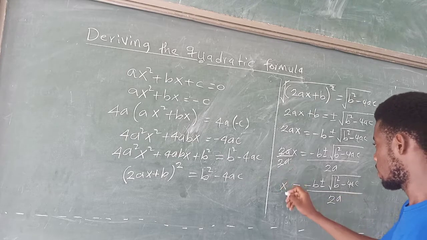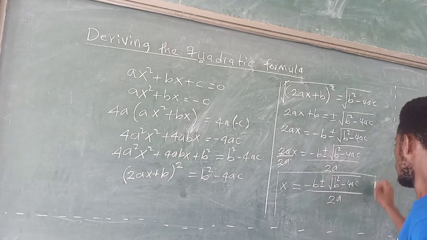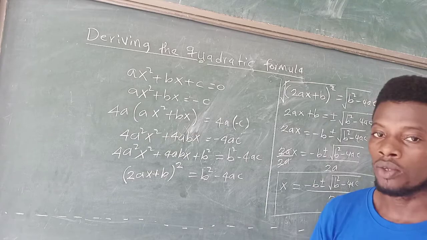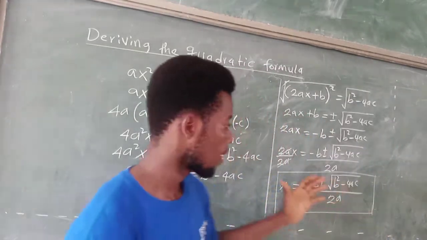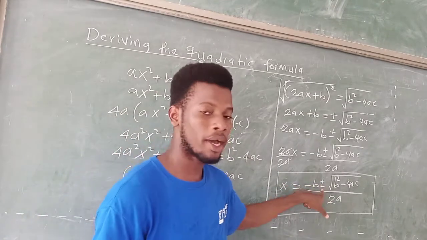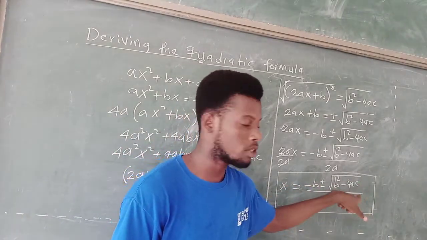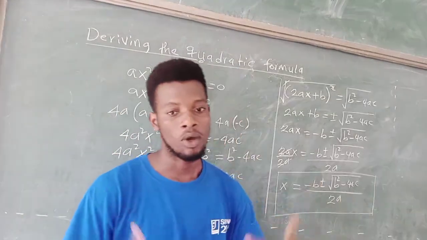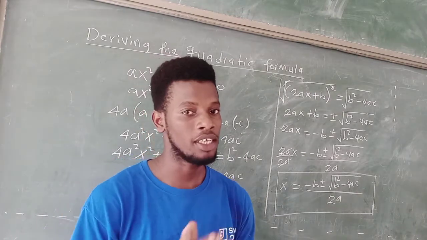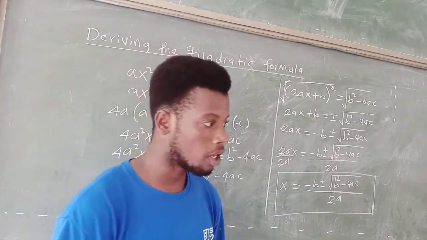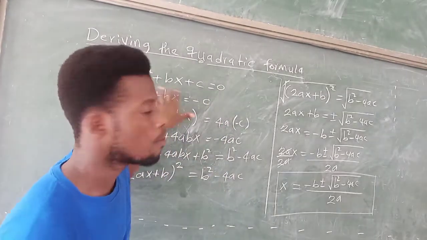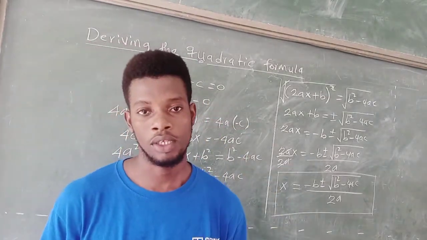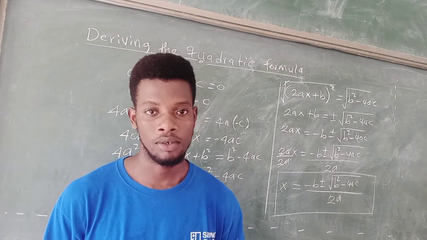And this, ladies and gentlemen, is what we call the quadratic equation formula. x is equal to minus b plus or minus the square root of b squared minus 4ac all divided by 2a. That is the quadratic equation formula, and it is derived from the general form of any quadratic equation, ax squared plus bx plus c equals 0.